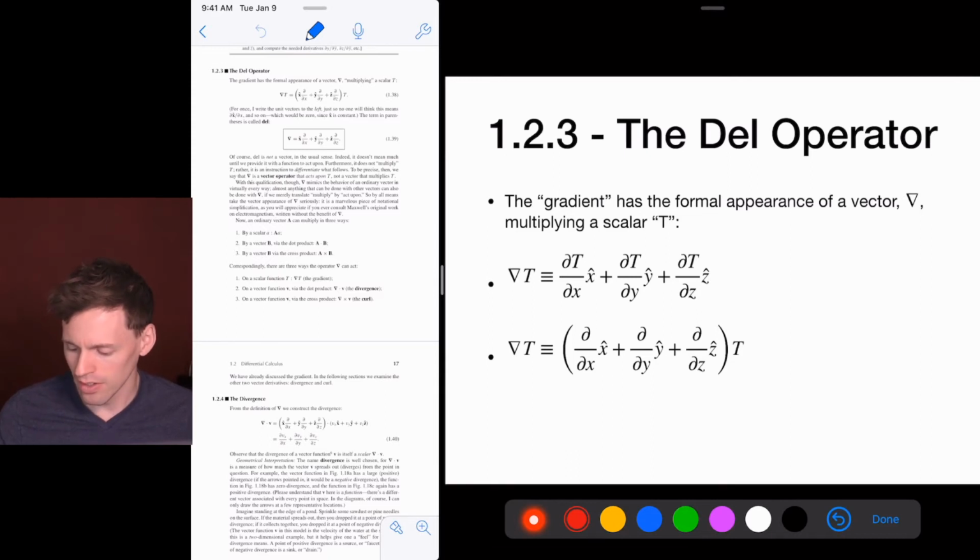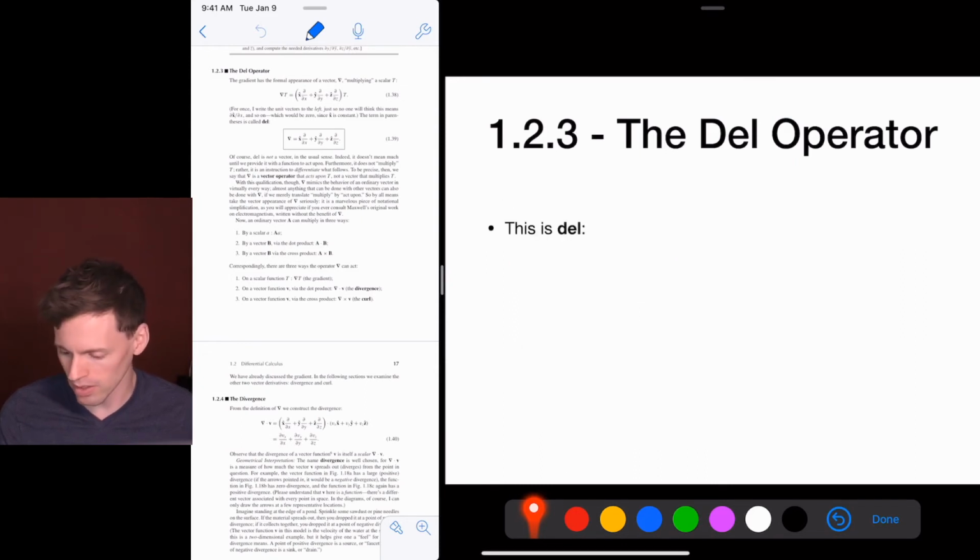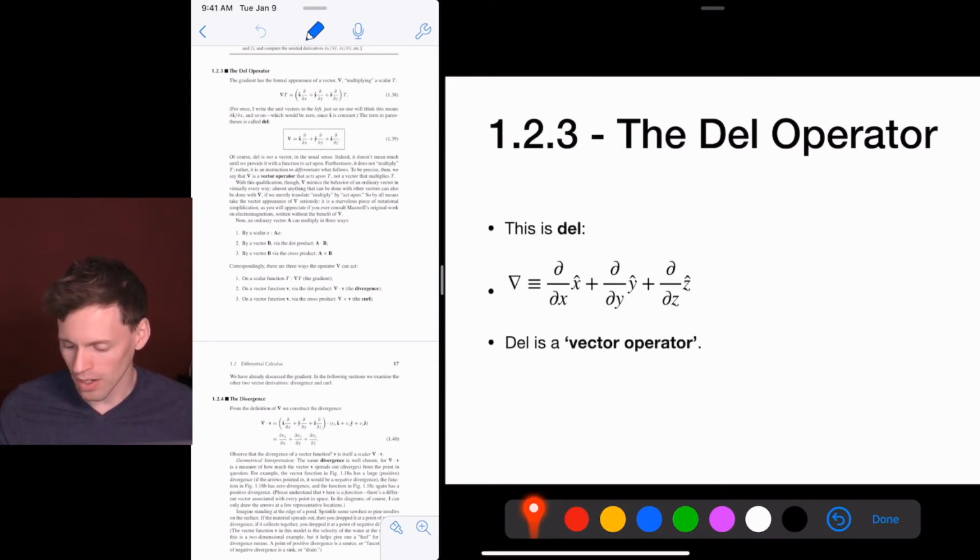You can factor out this T, move it outside the parenthesis, and define what the del operator is. It's just this derivative function, but it preserves these vector components. So that's called del. Del is a vector operator.